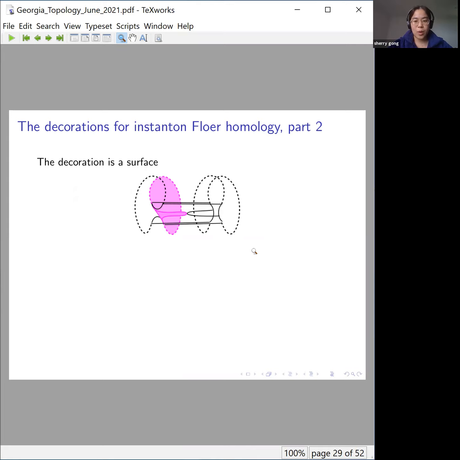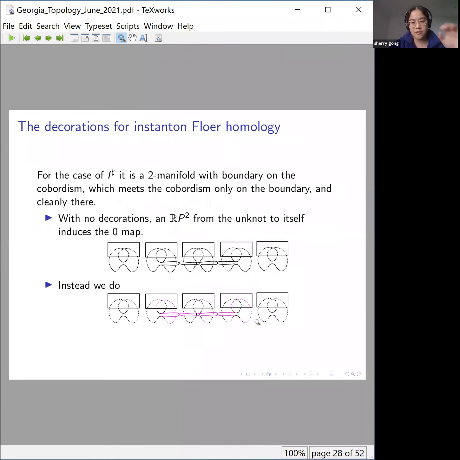So what we want to do is choose a surface. In the case of this RP2 from the unknot to itself, I have this picture of the unknot with a band in it, where I'm going to add a band to make my RP2.